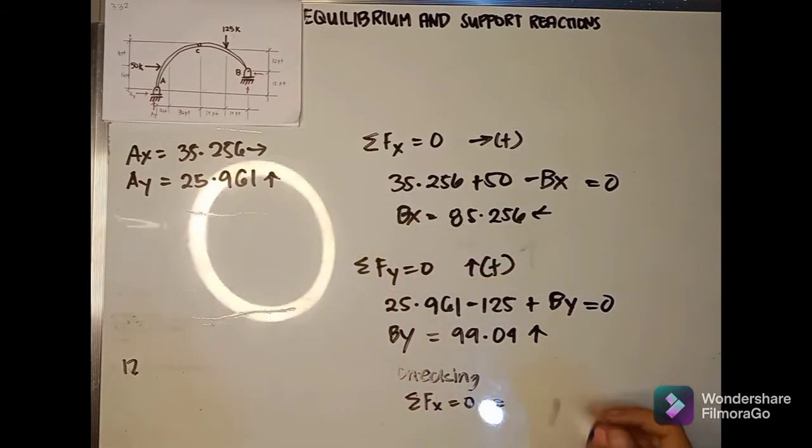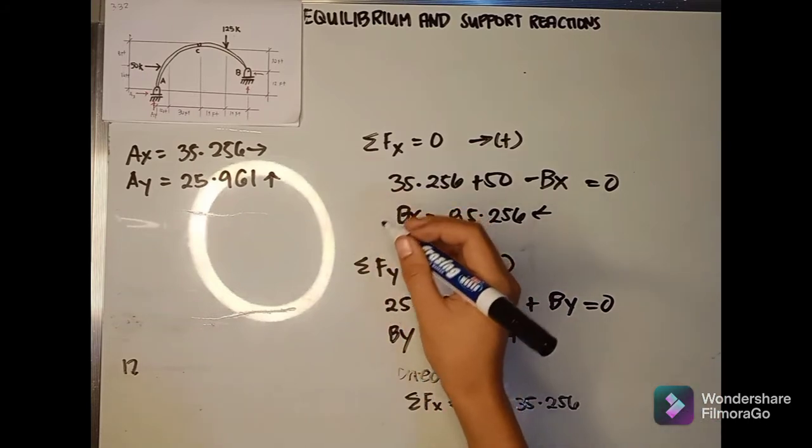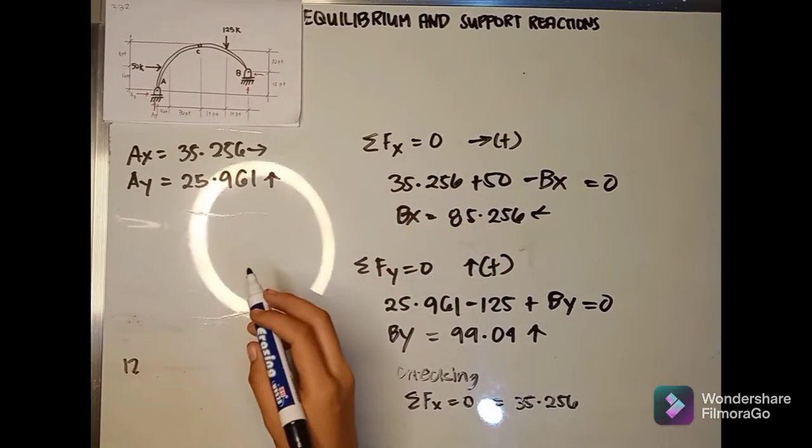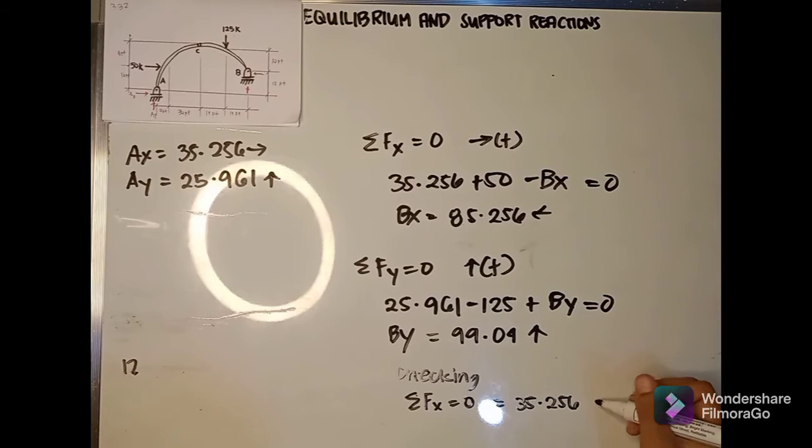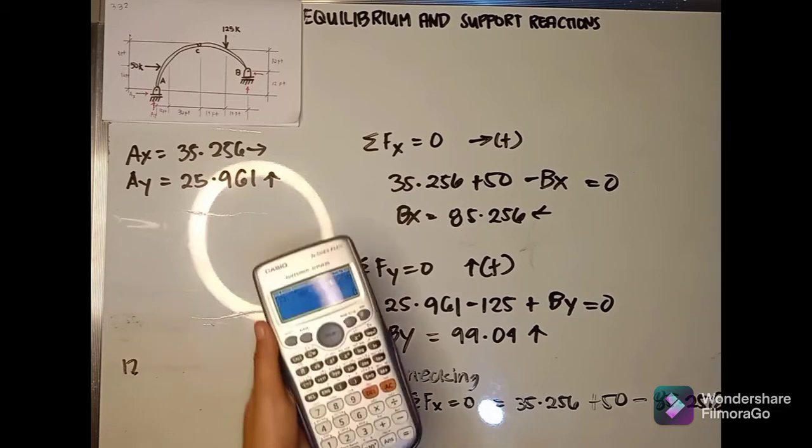So AX 35.256, then 50 kips, and BX minus 85.256 equals to 35.256 plus 50 minus 85.256 equals to 0.